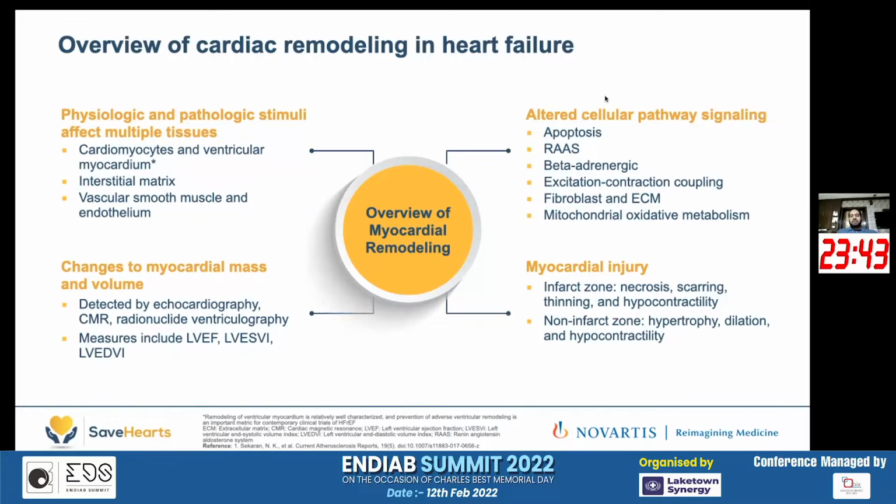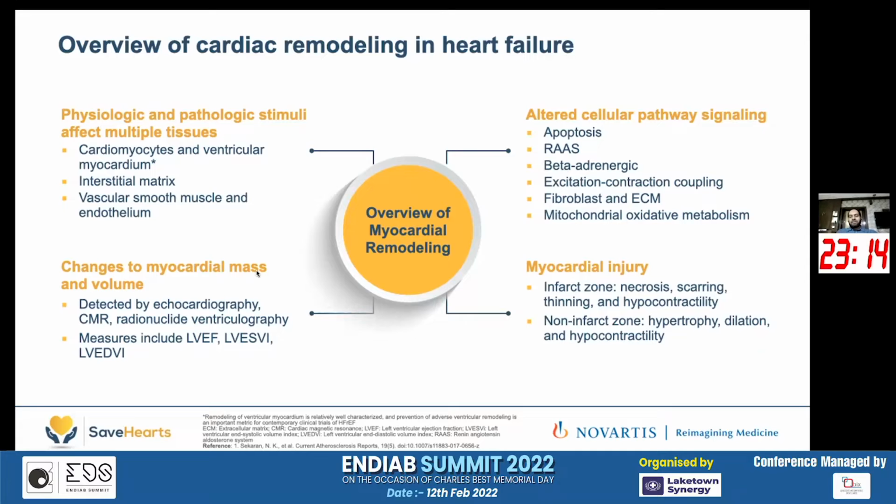We also understand that, in addition to the various macroscopic changes, there are cellular level changes also, and there's cell death or apoptosis, and of course the effect of RAS inhibition, the excessive beta blockade, the sympathetic overdrive, which also causes all these pathophysiological changes. We also need to understand that the reduction in left ejection fraction eventually results from a change in the myocardial mass and the volume.